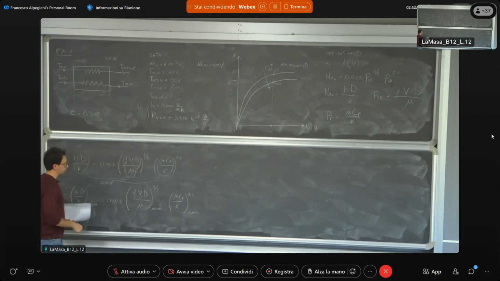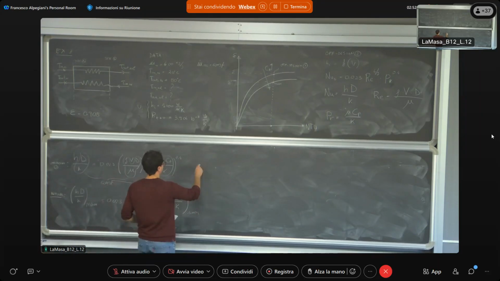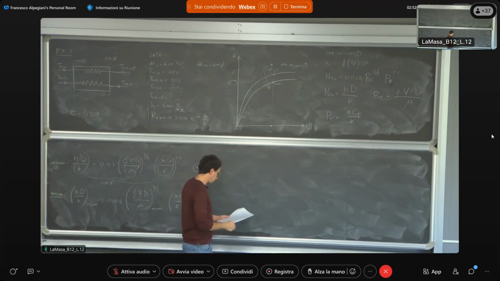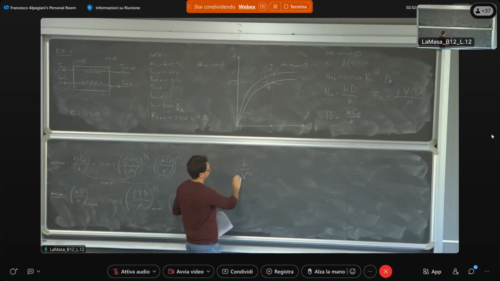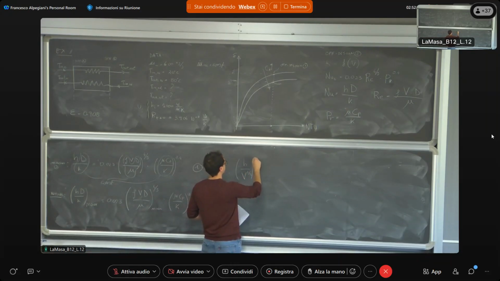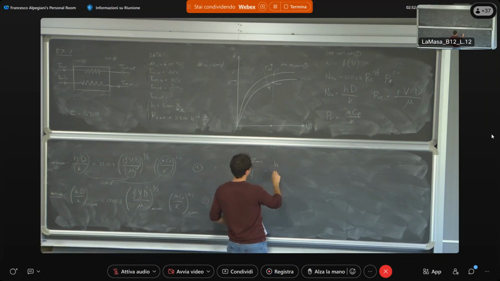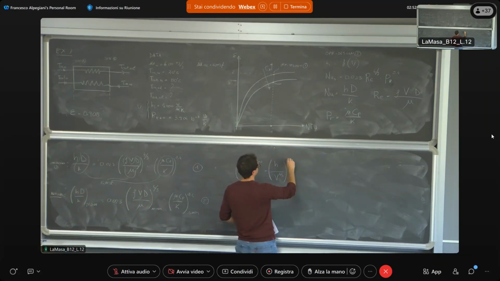So, dividing the two equations, 1 and 2, you obtain that h divided by velocity at the power of 4 divided by 5 in off-design condition is equal to h divided by the velocity at the power of 4 divided by 5 at nominal condition.